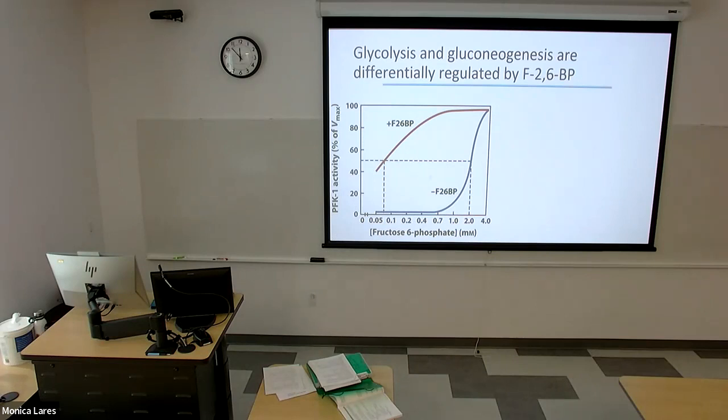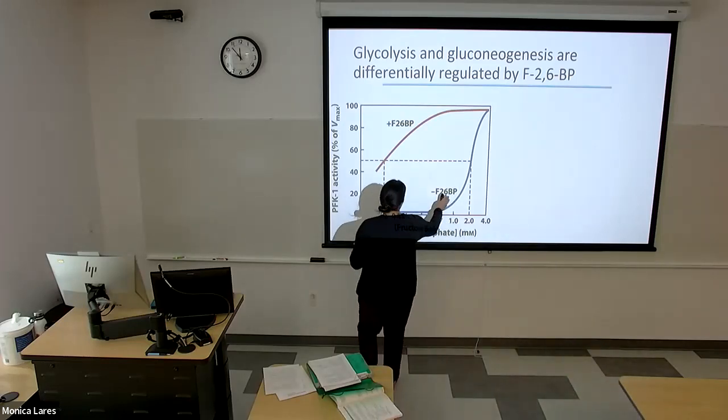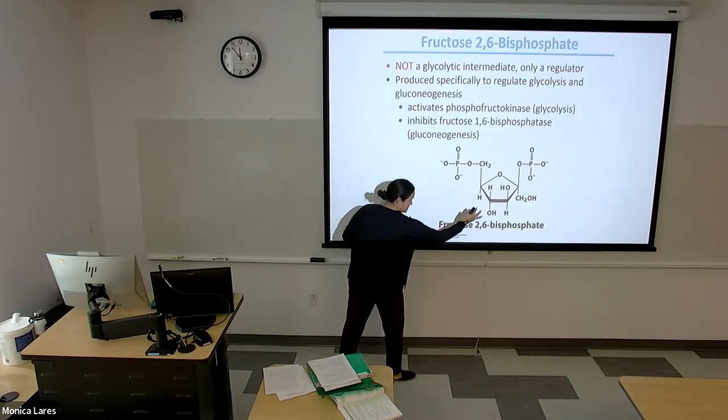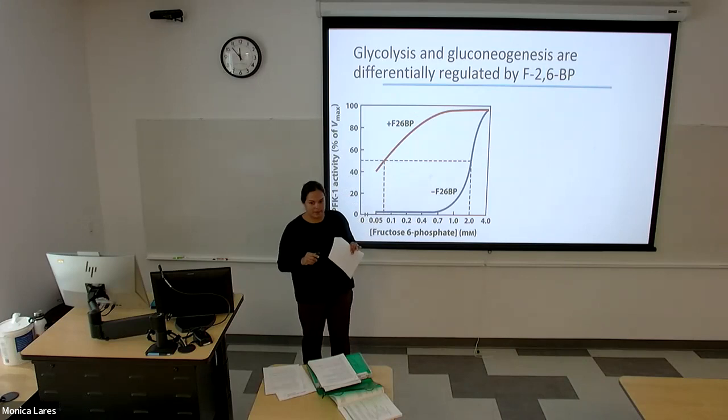Now, what do you think the effect of fructose 2,6-bisphosphate is on FBPase1? Write something down or commit to something in your head. How is this small molecule going to affect FBPase1?